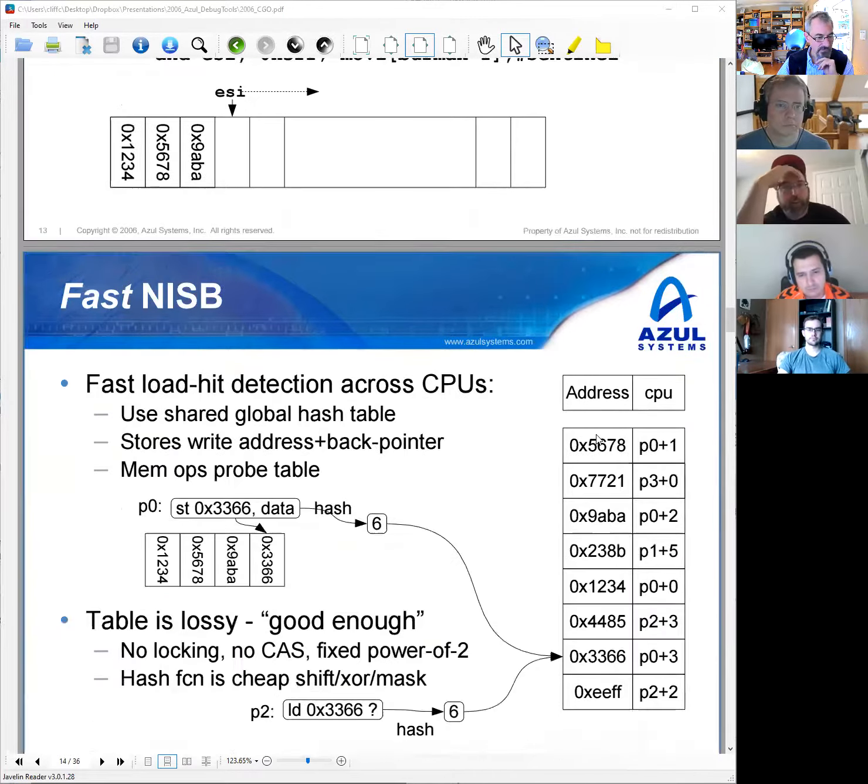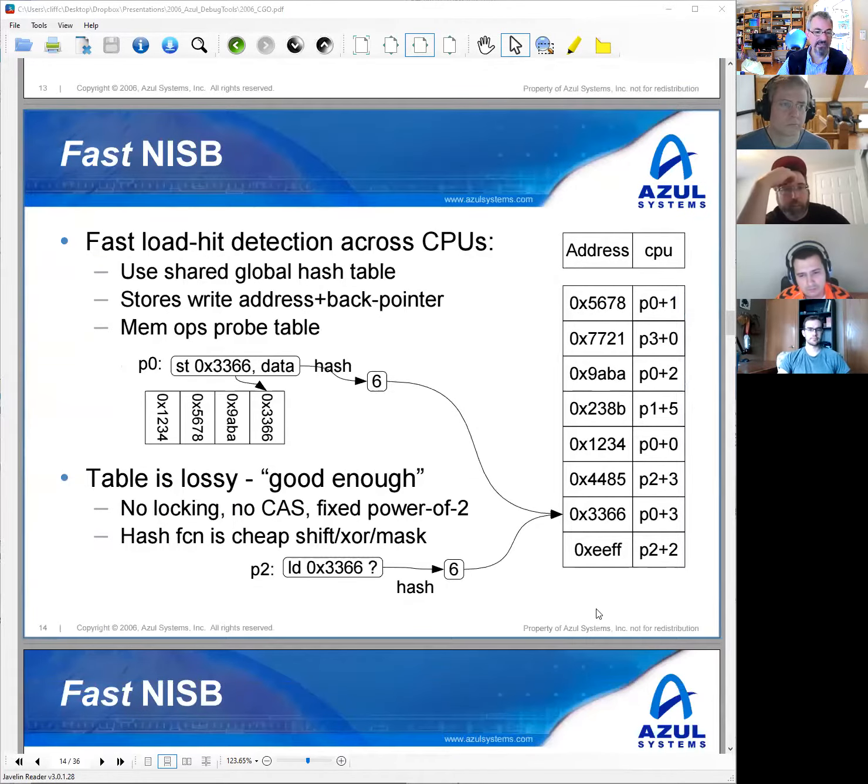Fine. Then when I come to a load, I want to ask the question, am I hitting an address that's in my store buffer? So I go to this global hash. I probe the table looking for a hit, and it's lossy, good enough. I'm trying to see if a store hits a load in the table. Yeah, I'm taking the store address and looking up what CPU and what PC.